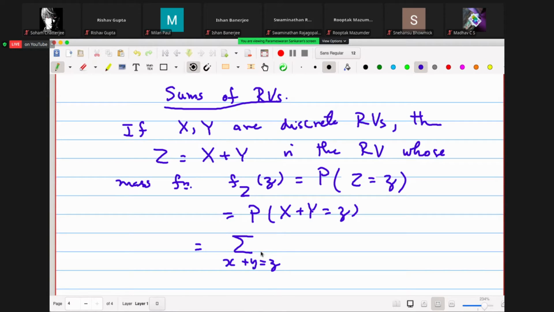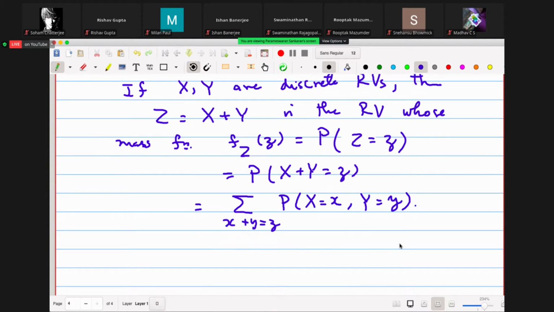It is understood that the sum is over x and y, and z is fixed here. So, the probability that X equals x and Y equals y. This means "and", okay.